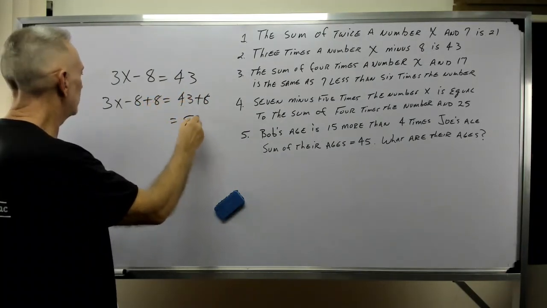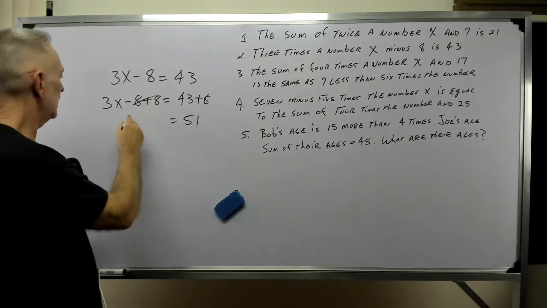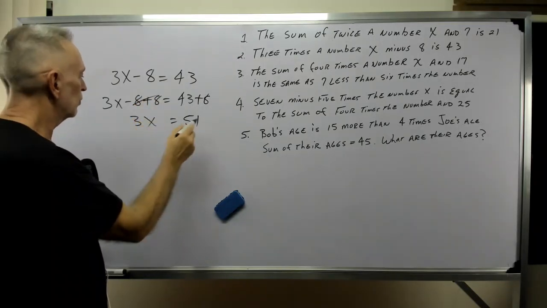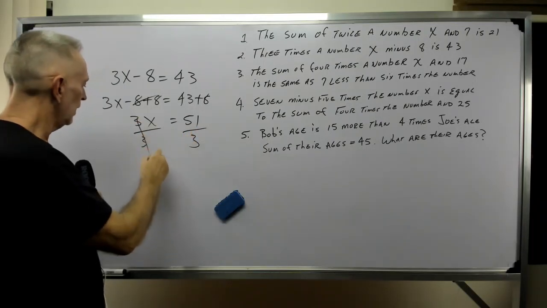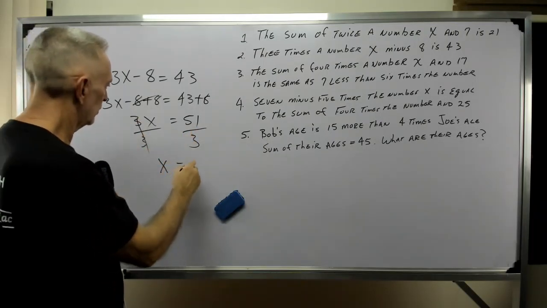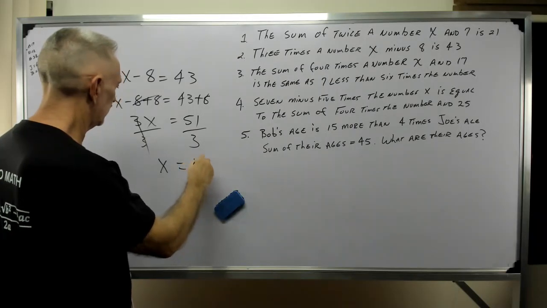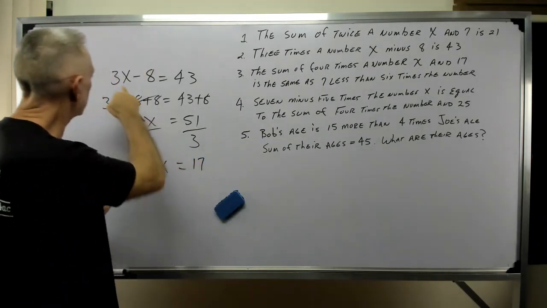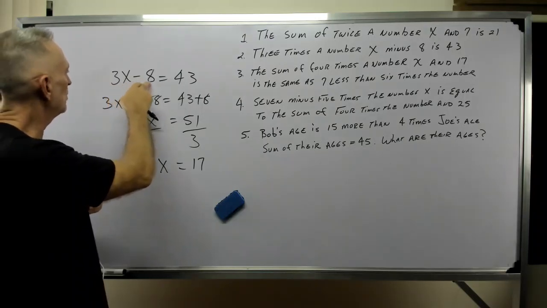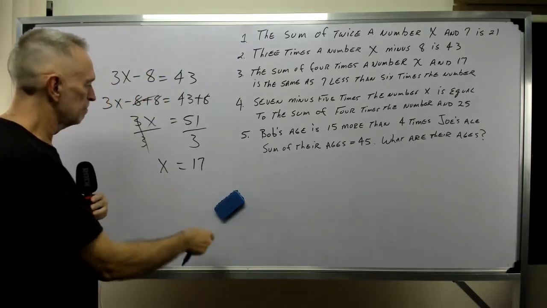So that's 51. So 8 minus 8 cancels. So 3x equals 51. Divide both sides by 3. x equals, what is that, 17. Okay, so 3 times 17 is 51 minus 8 is 43.